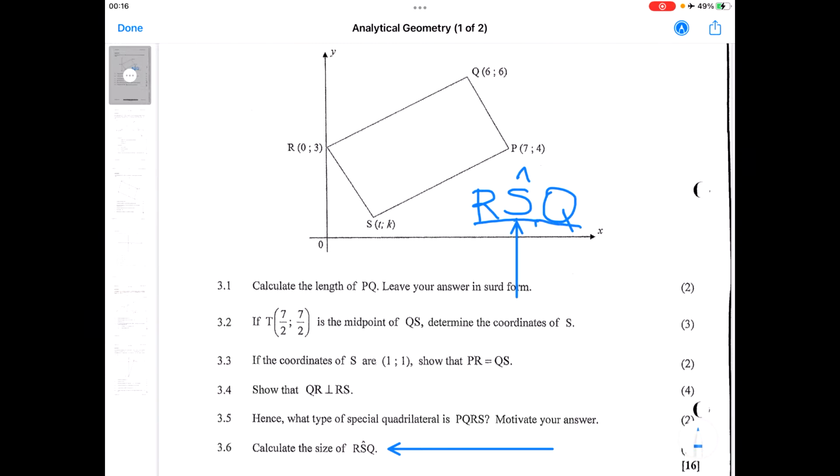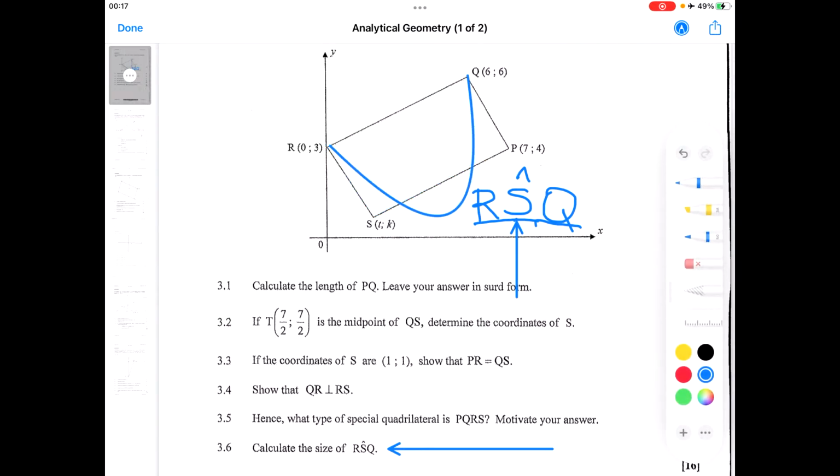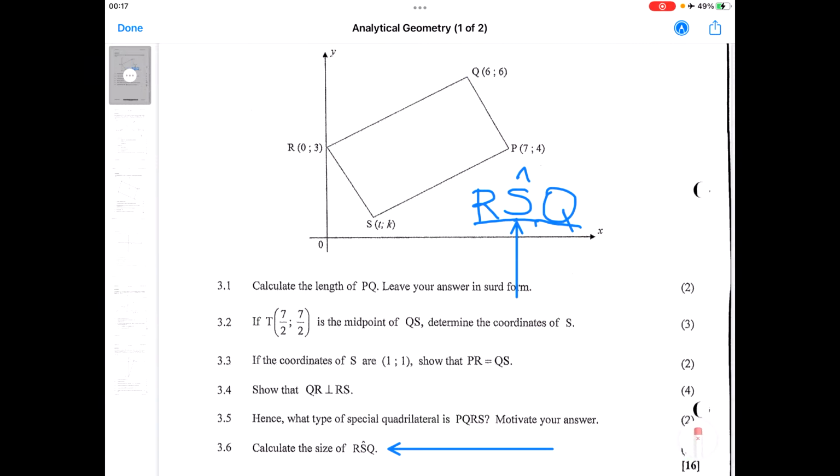So that means in triangle R, where is R? There is R to S. No, not there, but to Q. I'll need to redraw that.